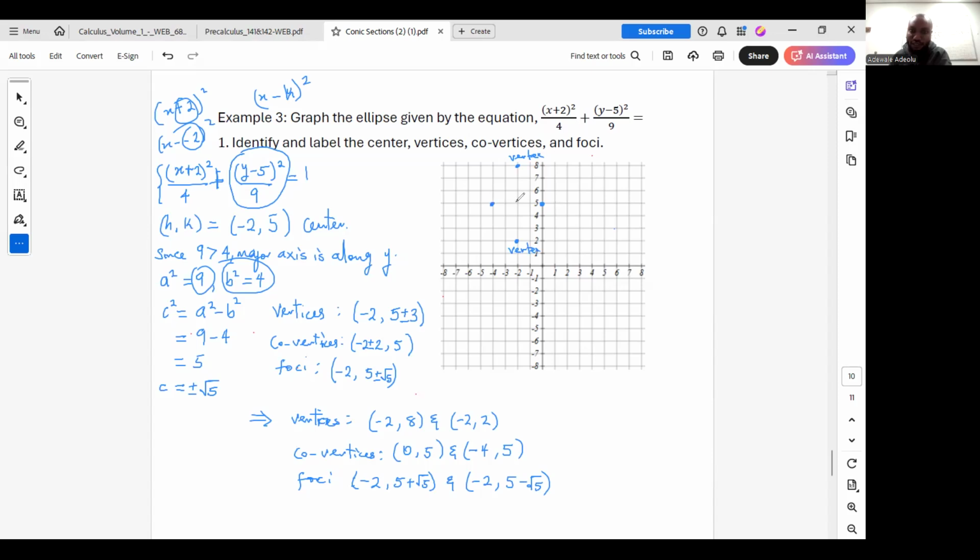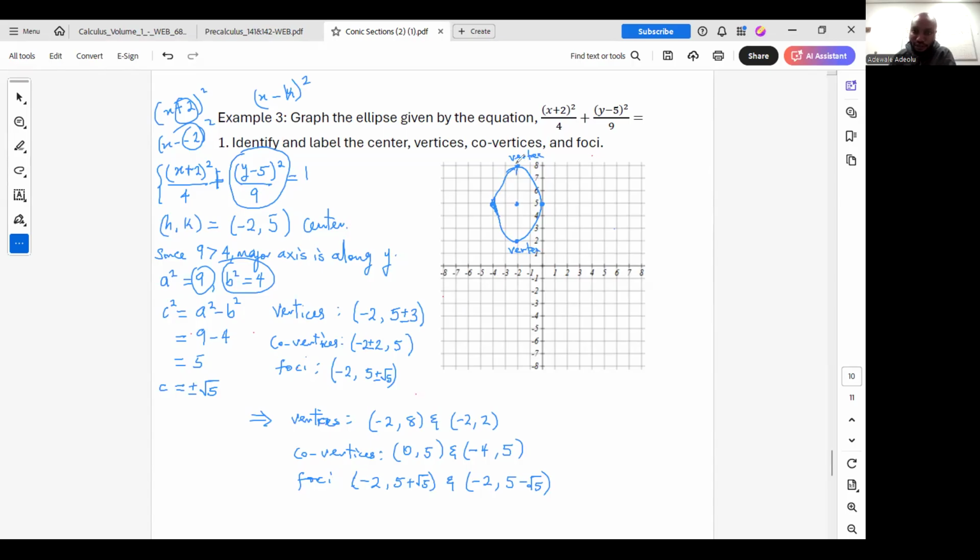So I have this. Definitely here will be the center. Let's see, what is the center? Minus 2, 5. See that? Okay, we have our ellipse that way.